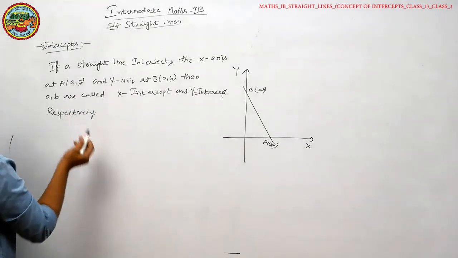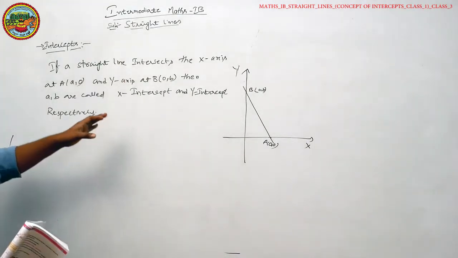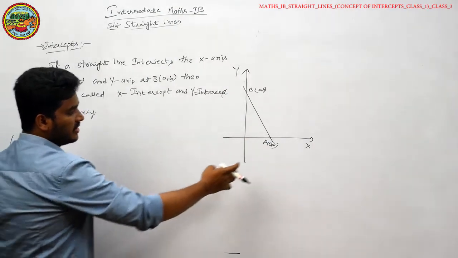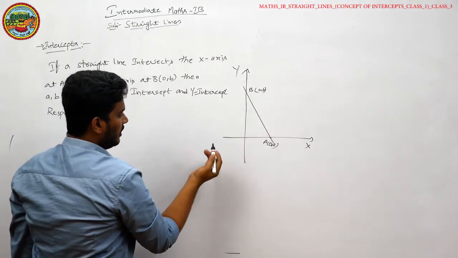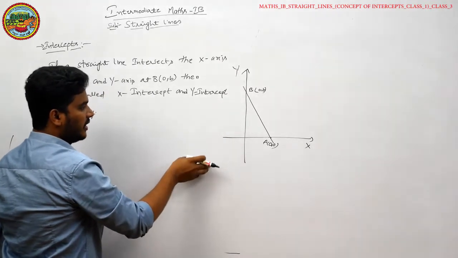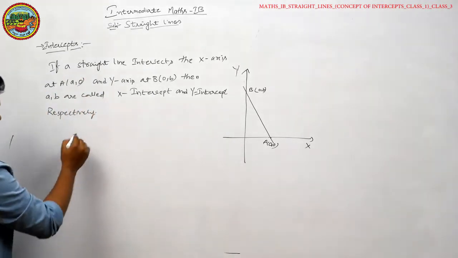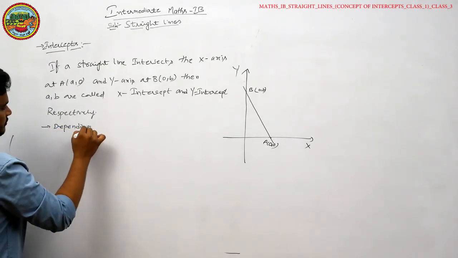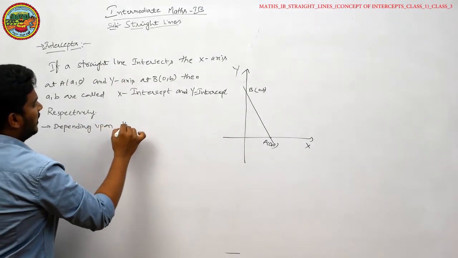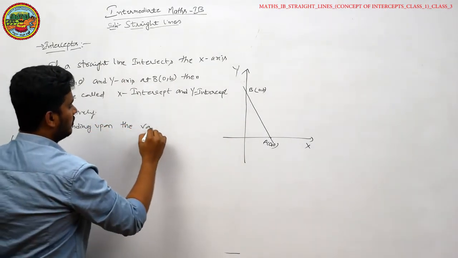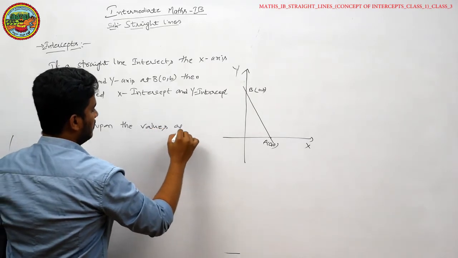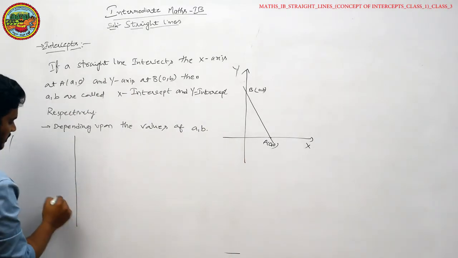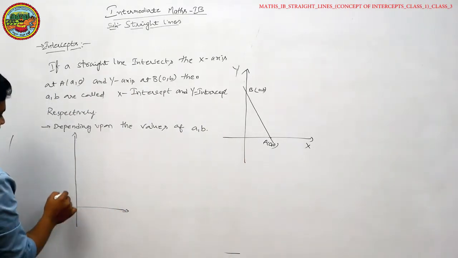Depending upon the values of A and B, we denote the points on the x-axis and y-axis. For suppose the A value is negative and the B value is also negative, we locate the points in the third quadrant. So depending upon the values of A comma B, here are the x-axis and y-axis.